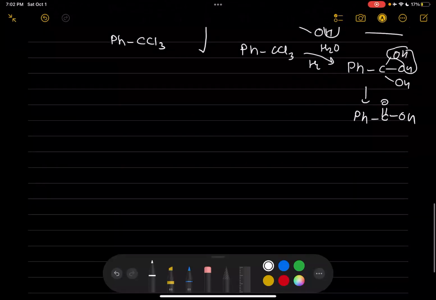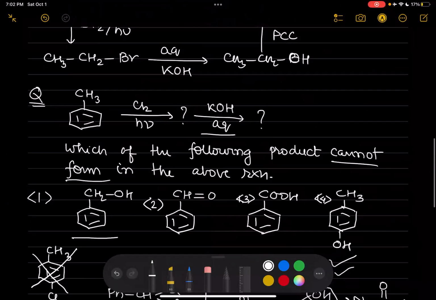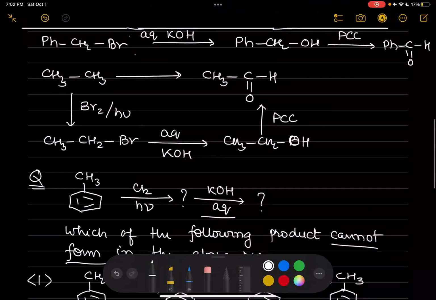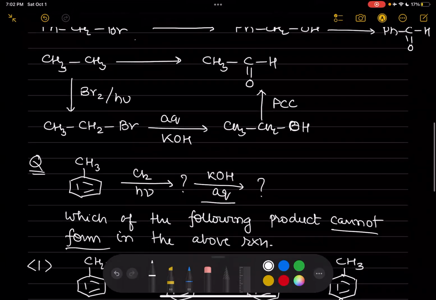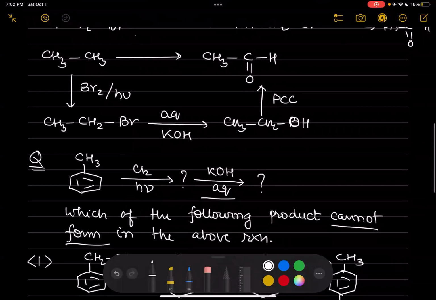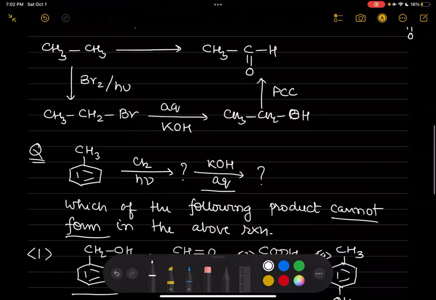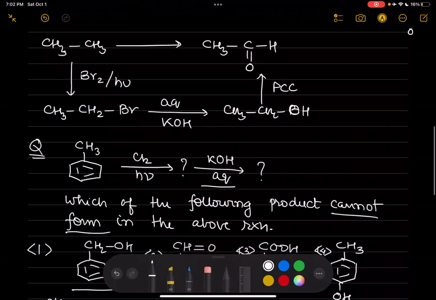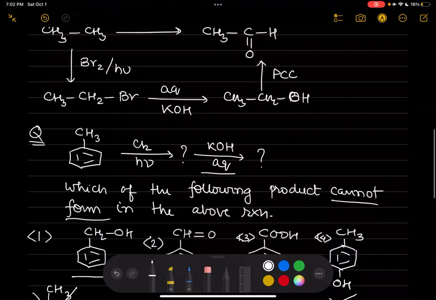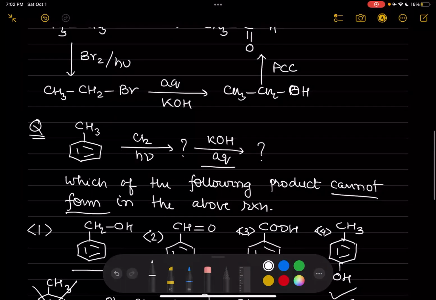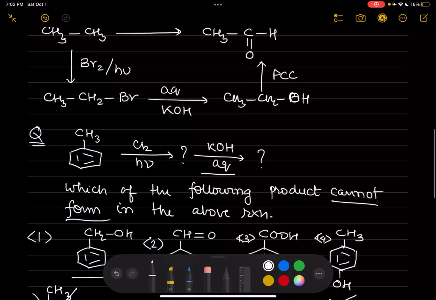And what about this one? So you understood this. You can either bring in 1 halogen and replace it by OH, and then oxidize the alcohol, and you will end up with your aldehyde. Or you can bring in 2 OH groups at the same position, which is also very important. If you bring in 2 OH groups at the same position, the water is going to get removed and you are going to get a double bond.